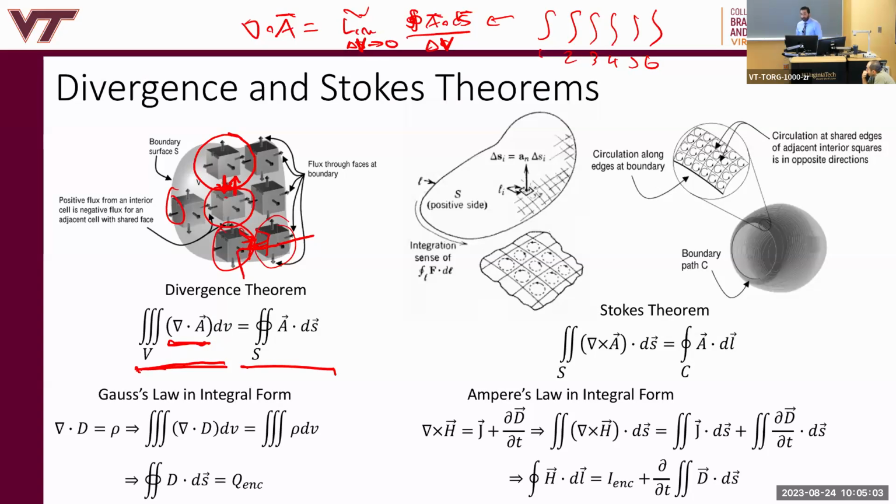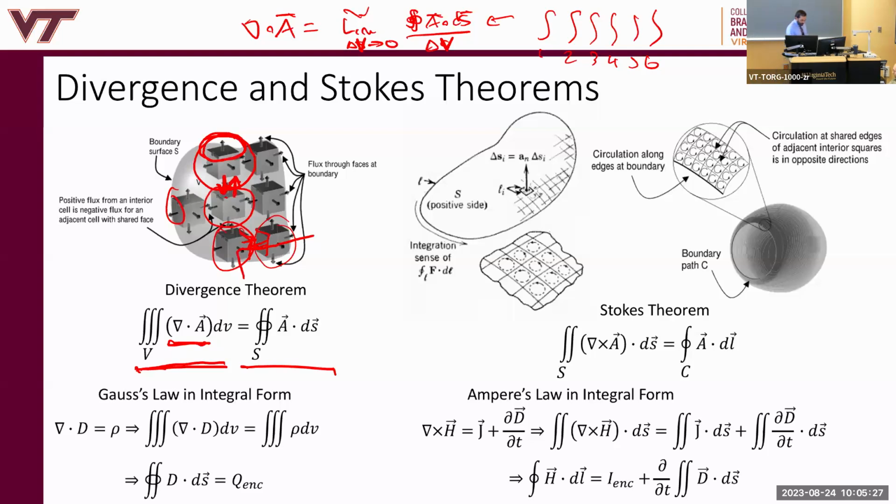Whatever contribution I got from this face of that box is going to exactly cancel when it enters into the neighboring box. That's true for all internal faces in the volume. What I can't say is that for this face there's no box that neighbors it and cancels it.